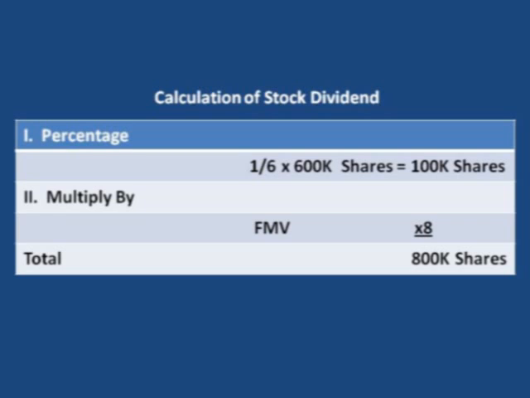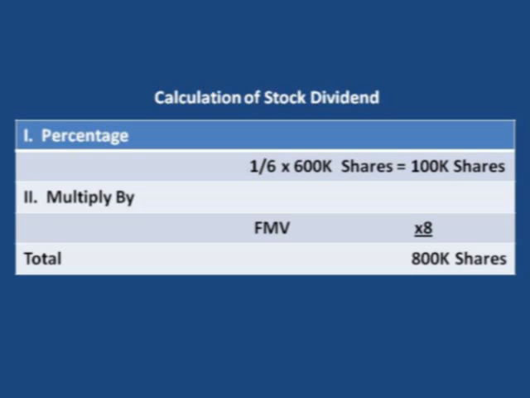So I'm going to use a fraction here with 16 2/3%, remember? So you're going to take 1/6 times shares outstanding. 1/6 times 600,000 shares gives you 100,000 shares. These are shares to be issued.